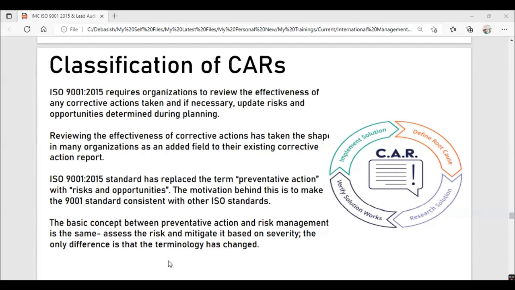CARs provide written documentation of an issue occurring and, if needed, disciplinary records for future reference. When an organization reduces mistakes and defects through CAR development, overall quality increases and long-term business health improves.